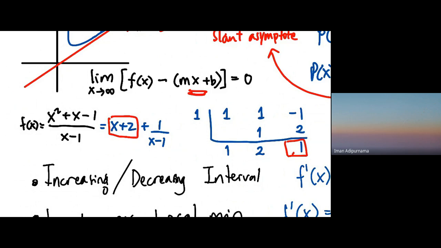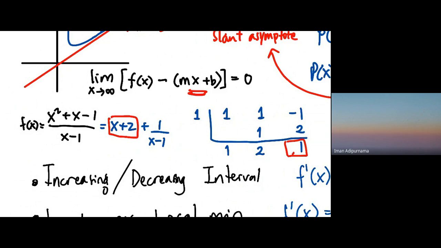I hope you remember this. This is called synthetic division, I'm not sure of the name, but it's called synthetic. This x squared, x, constant, divided by x minus 1, or x equal 1. So this is 1. So 1, 1, multiply here, 1, plus 1, plus 1, 2, multiply here, 2, plus, it's 1.